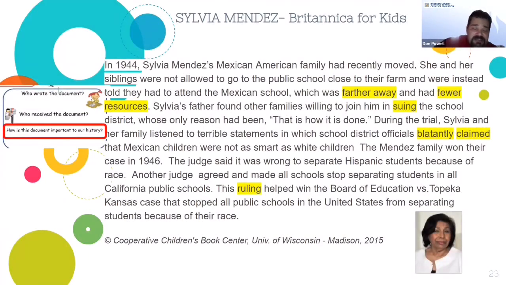I think this document is important because now my 3rd graders understand the importance of Brown versus the Board of Education and the importance of Sylvia Mendez's case, Mendez v. Westminster. And now my 3rd graders can engage in an amazing conversation about the need to not segregate, or the importance of what's going on in their own communities.